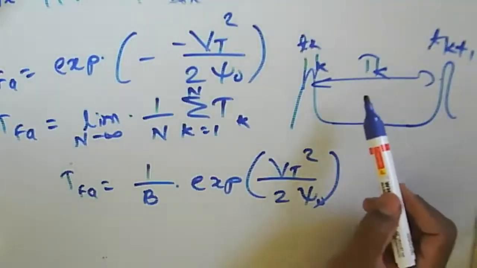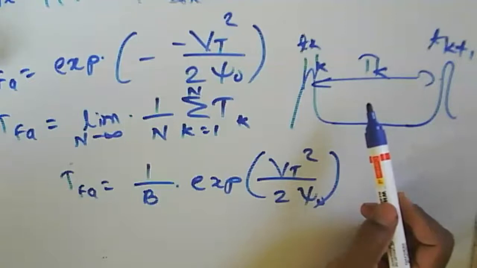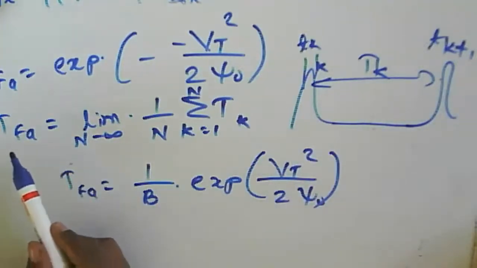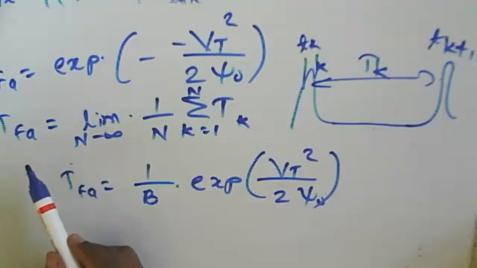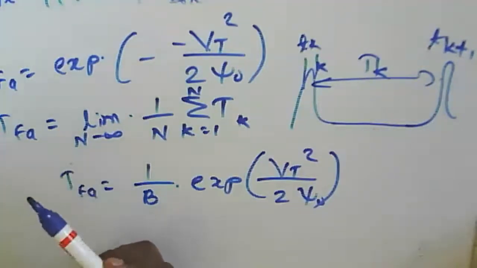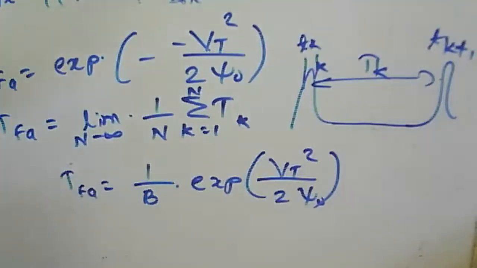So we can express the false alarm time with respect to the average duration of a threshold crossing by the noise.